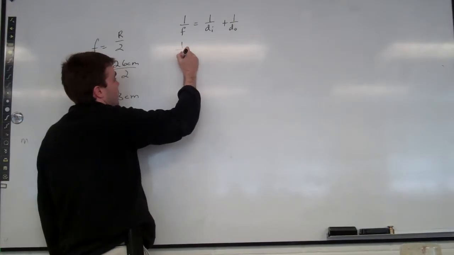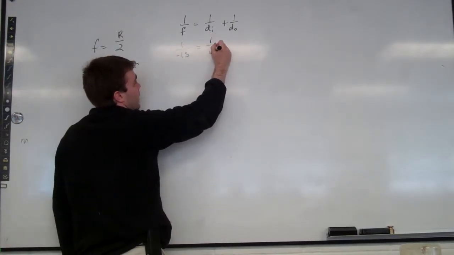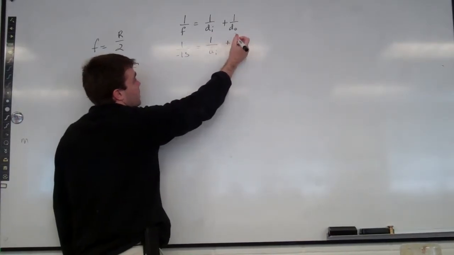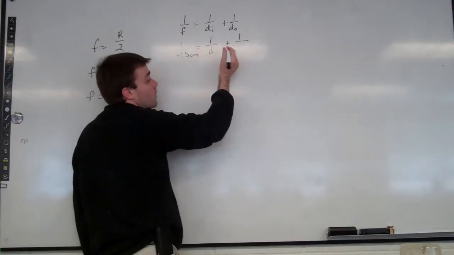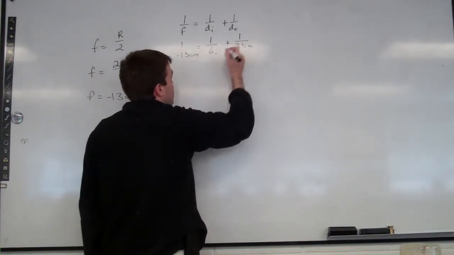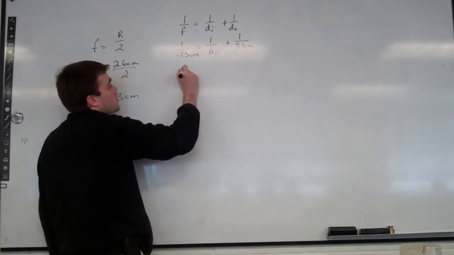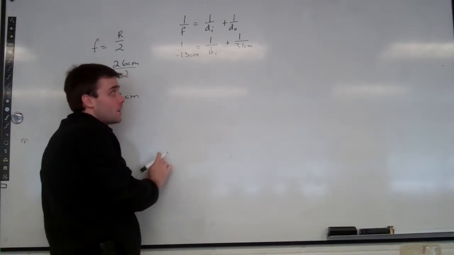1 over negative 13 equals 1 over di plus, what is our object distance? What was it? 31 centimeters. So what's 1 over negative 13 minus 1 over 31?